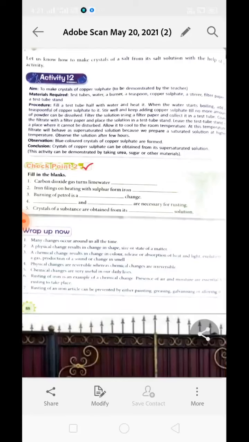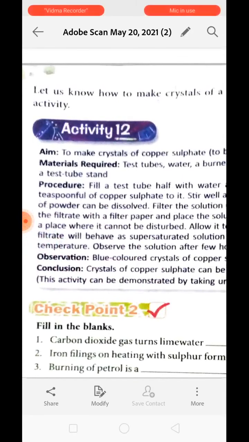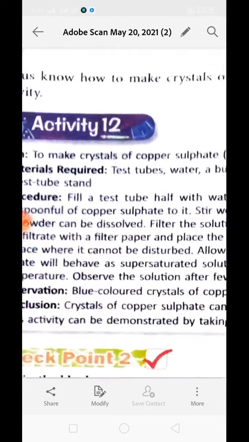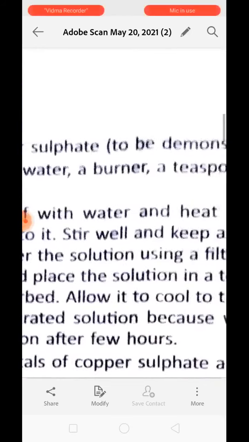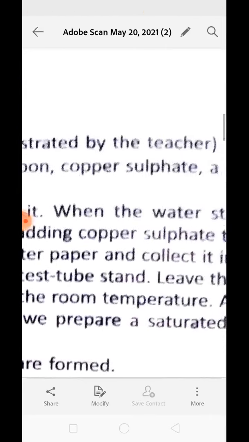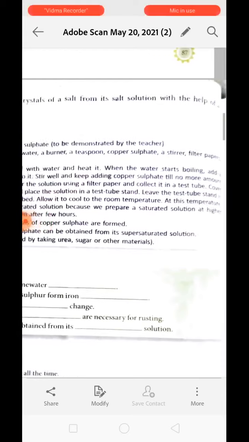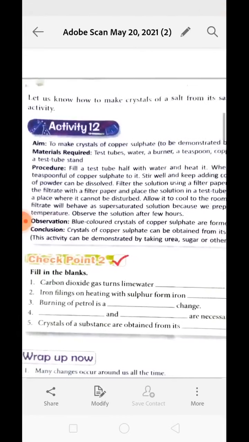Let us learn how to make crystals out of a salt solution. For this we are going to do activity number 12 to make crystals of copper sulfate. For this we need a test tube, a burner, a teaspoon, copper sulfate, a stirrer, filter paper and a test tube stand.